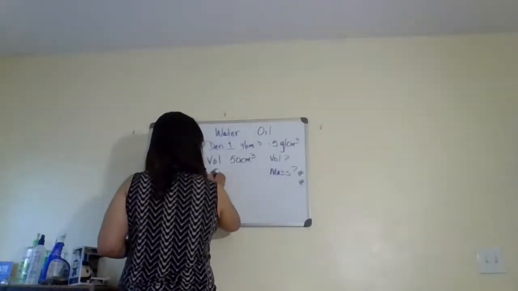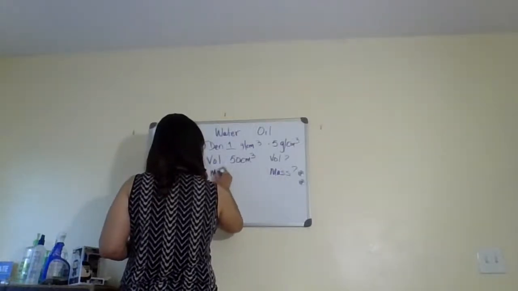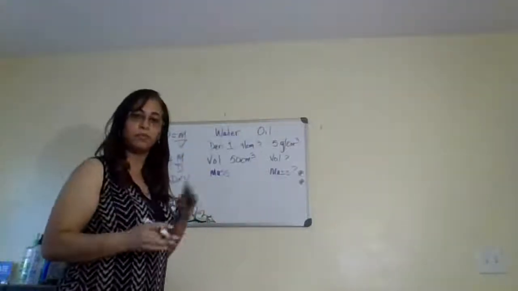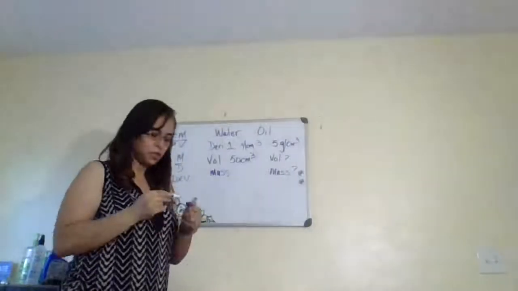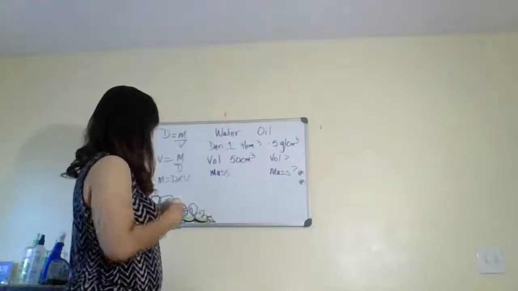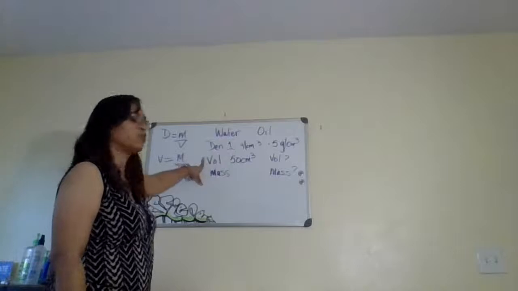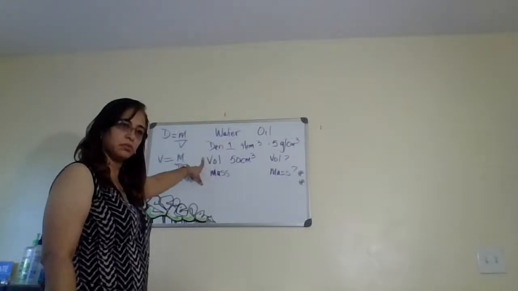Here, the mass of water is unknown, but let's take a closer look. We know that water has a density of 1, and we know water's volume is 50 cubic centimeters.